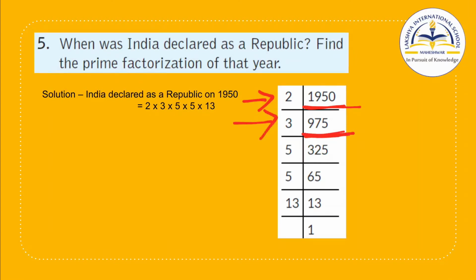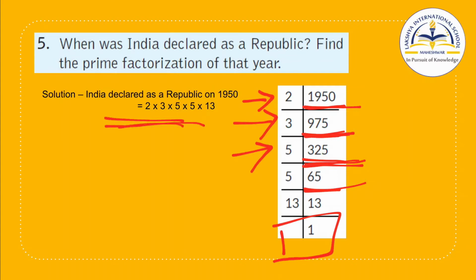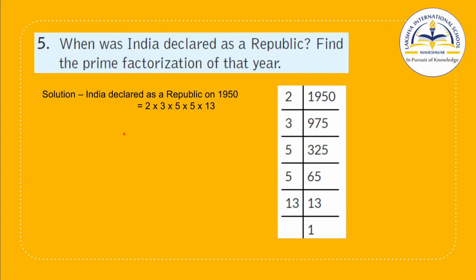Then it is divisible by 3, giving 325. Then 325 is divisible by 5, so we write 5. At last we get the remainder 1, so our answer will be 2 into 3 into 5 into 5 into 13.